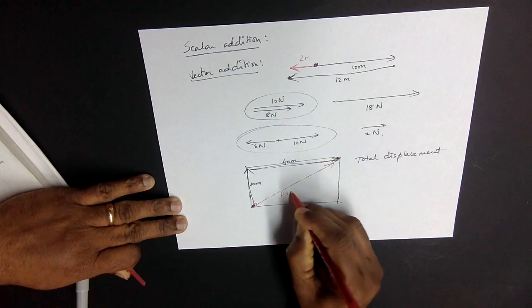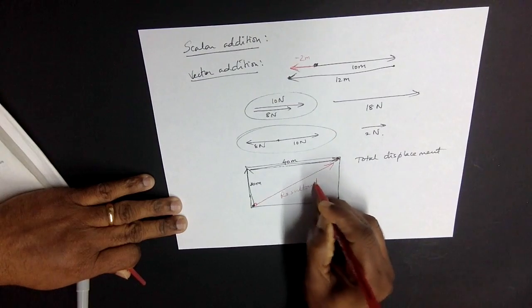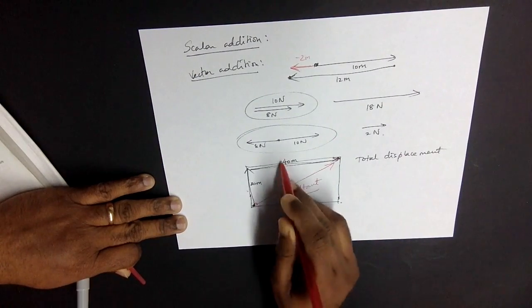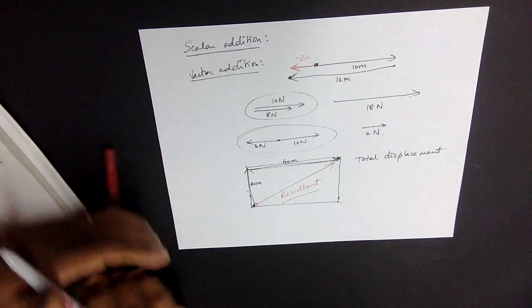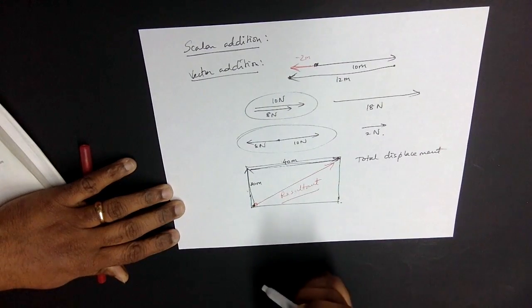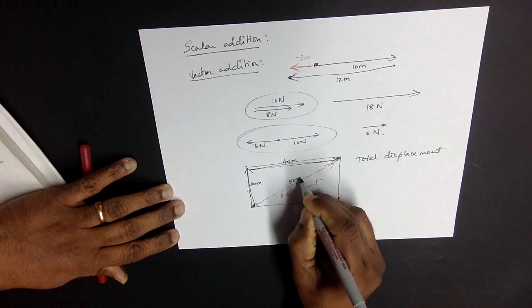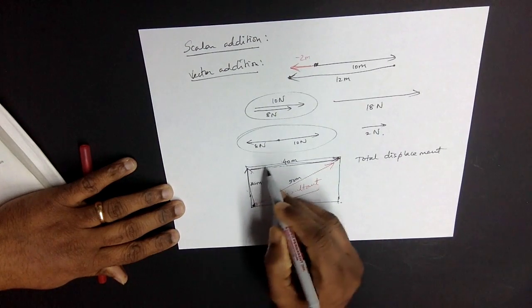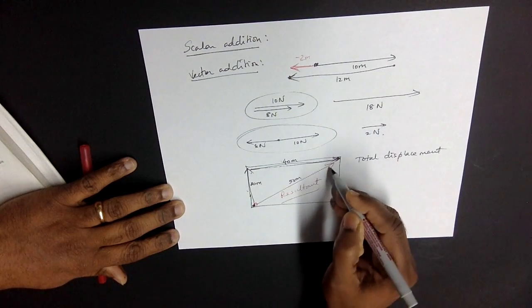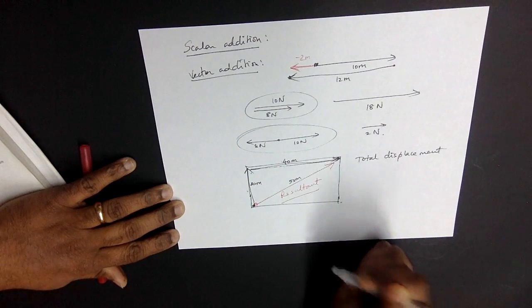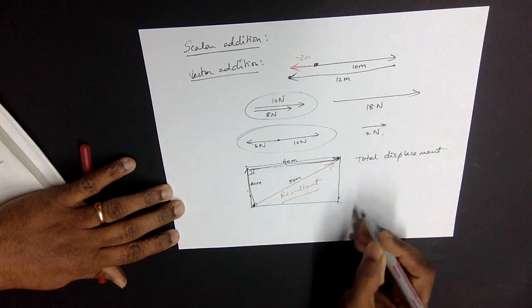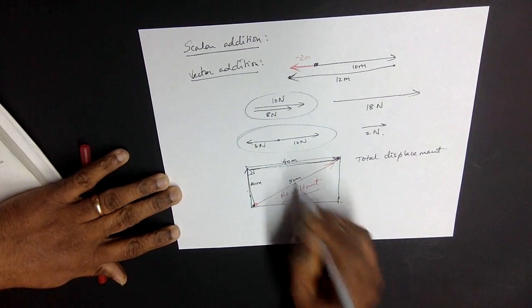We call that a resultant. The result of this and this together is called that. Now that obviously is not going to be 70 meters. This is only 50 meters. So when you add a 30 meter displacement with a 40 meter displacement, you end up getting a 50 meter displacement. And this we get by using the Pythagorean theorem. So how do you get this?